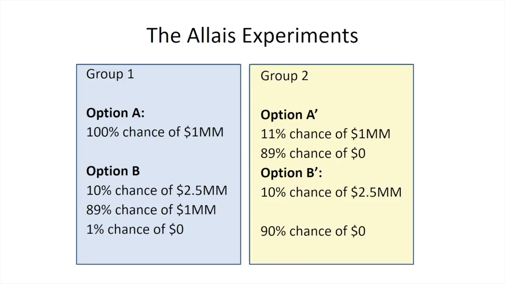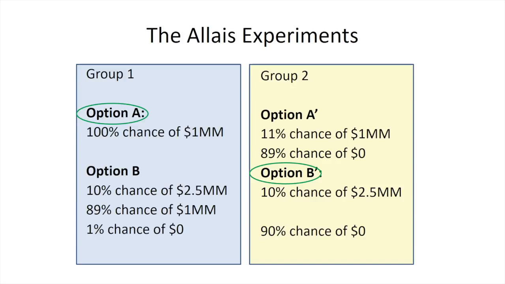In his experiments, Maurice Allais found that in group 1, most people picked option A. After all, they were getting $1 million with certainty. Why take a risk? Whereas in the second group, the yellow group, most people picked option B, because the difference between 10% and 11% didn't seem that large.